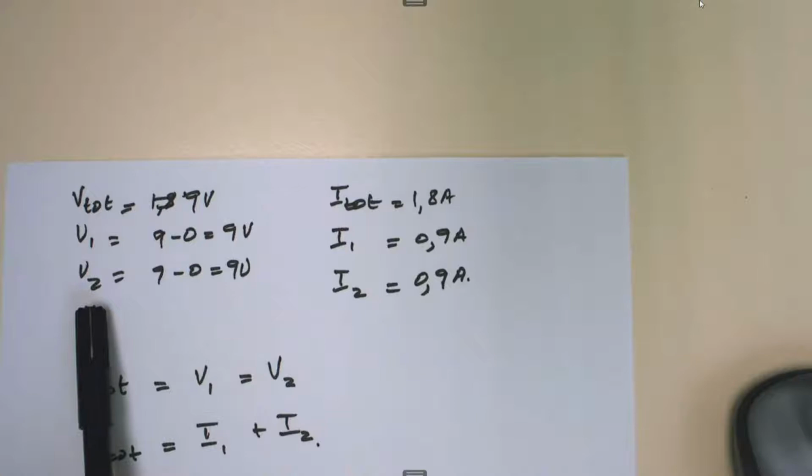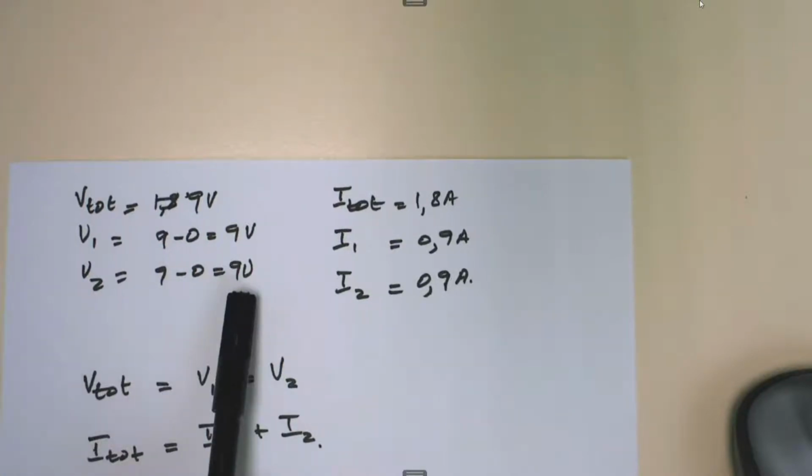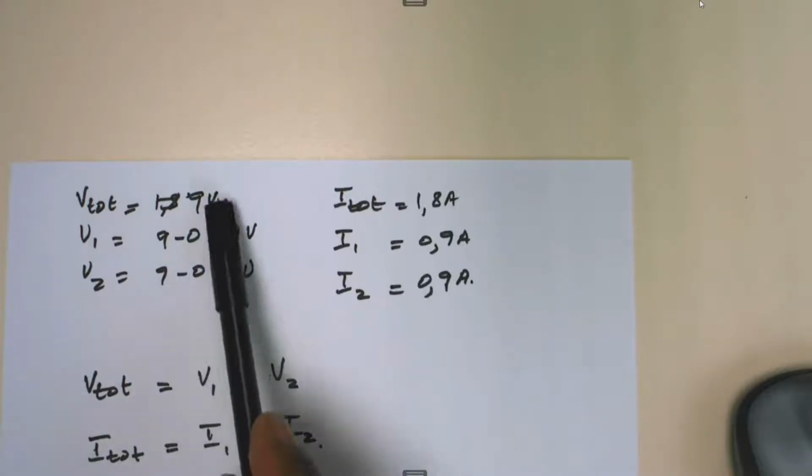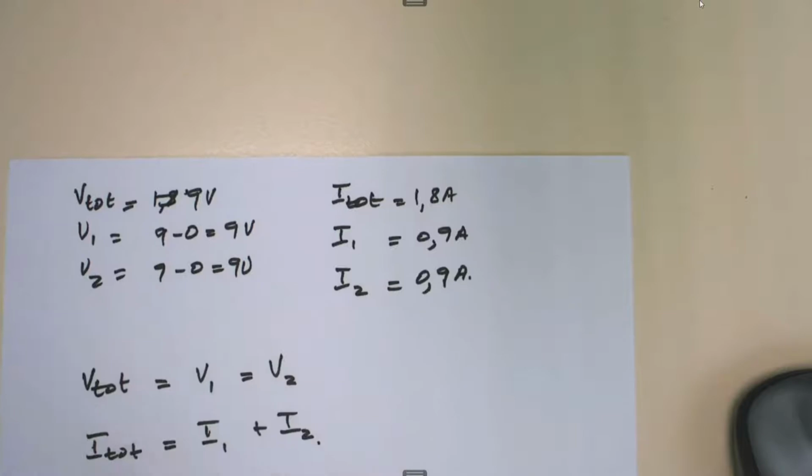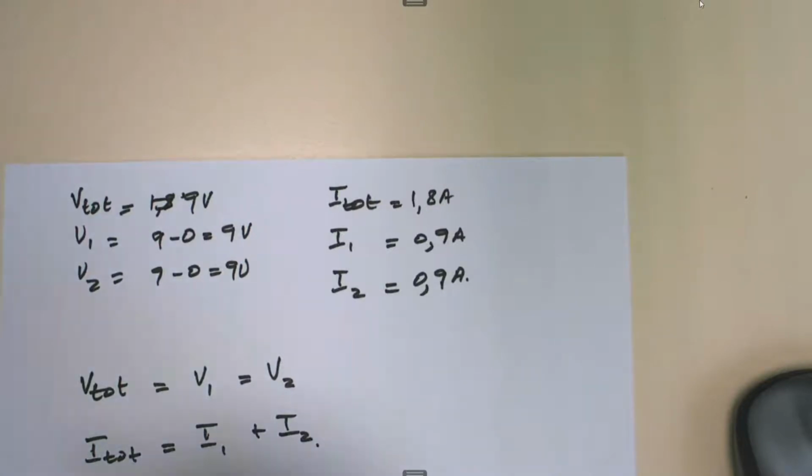The potential difference across R2 was also 9 volts. And what relationship do you make of this? Now you see, this is for parallel circuits.